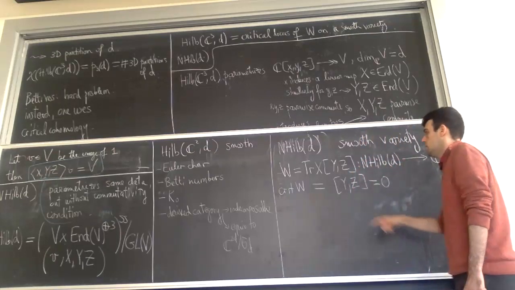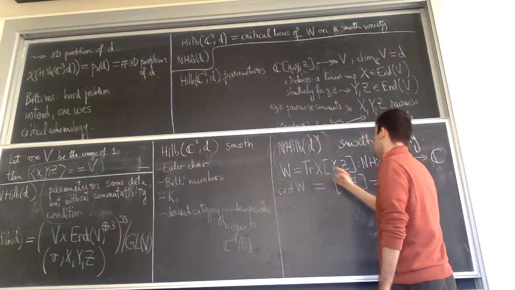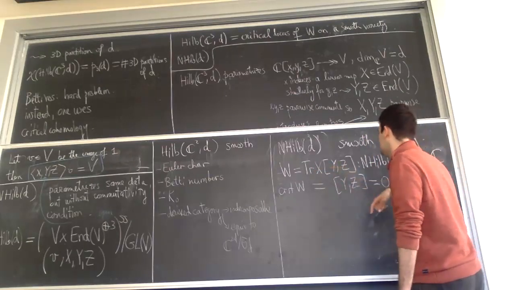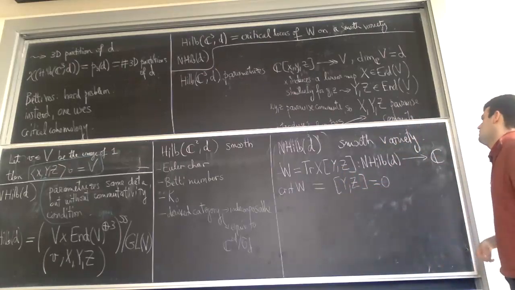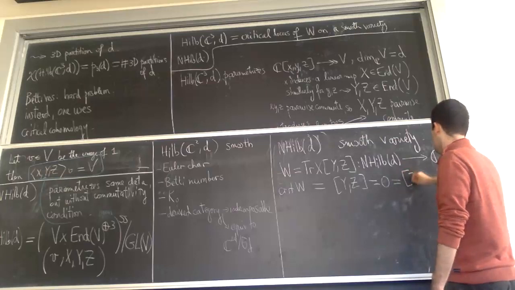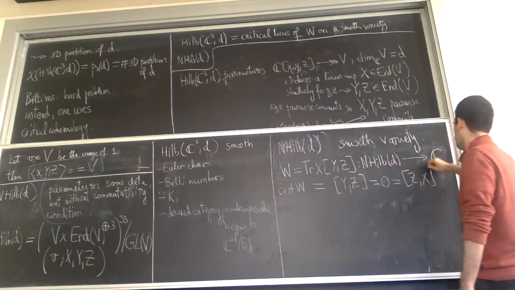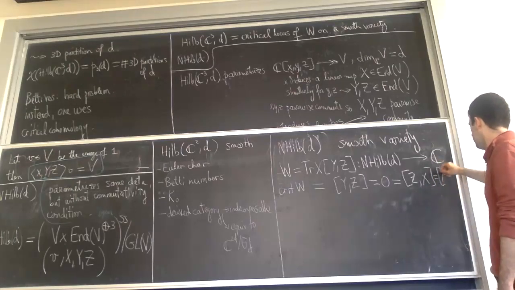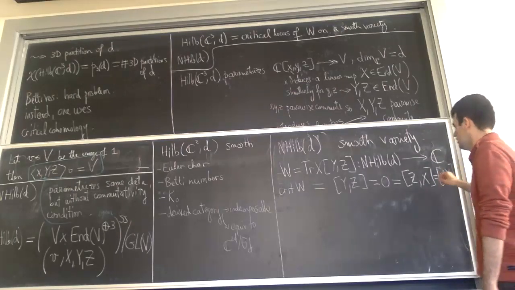But you can also use the invariance properties of the trace function. So you can also write it as Y times the commutator of Z and X, and do the same argument for the Y coordinates. You get that those points will also have the property that the commutator of Z and X is 0, and similarly the commutator of X and Y is 0.